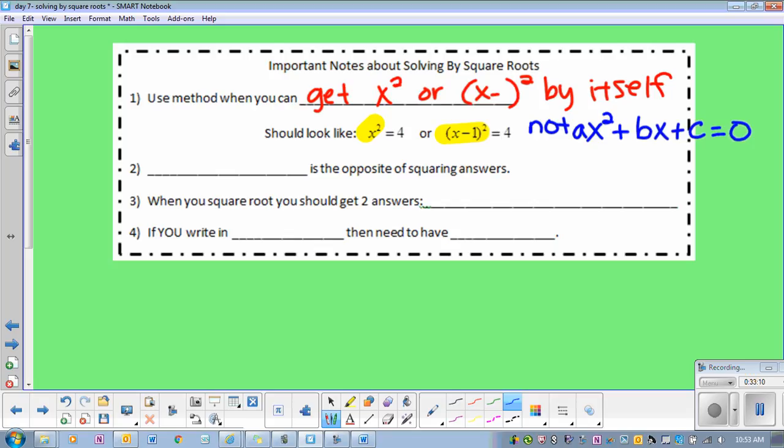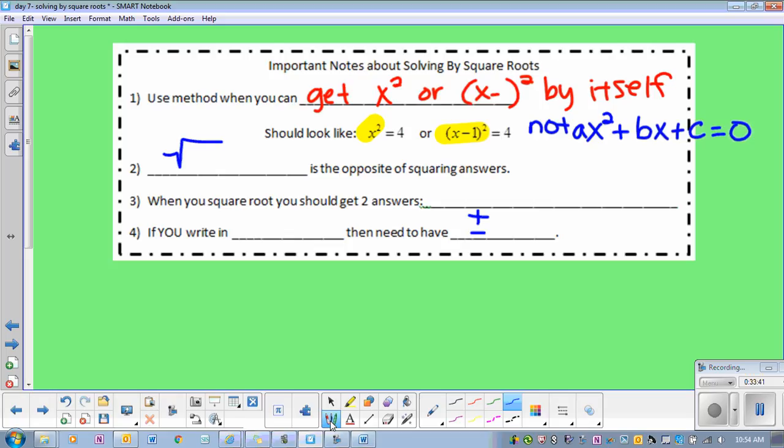So what is the opposite of squaring? To get rid of a square, you need to square root. All right? And when you square root, when you guys draw the square root, you have to get 2 answers. You get plus or minus. You have to put plus or minus. Oh, you know what? That's on the next one. Sorry. Oh, wait. Plus or minus.